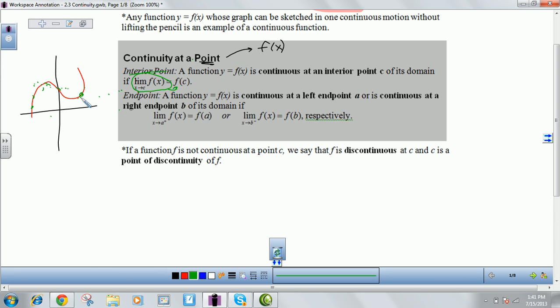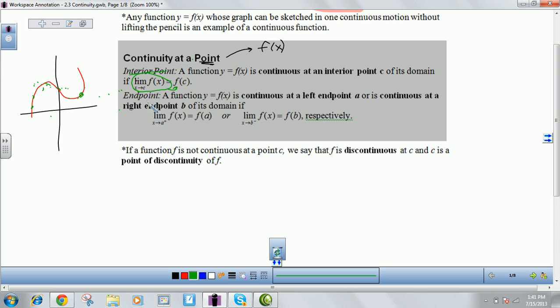If we're looking here at the graph, let's say this big green point is point c. The y value is the same as the limit. Remember, the limit is as you approach that value from the left and the right. So it's continuous.